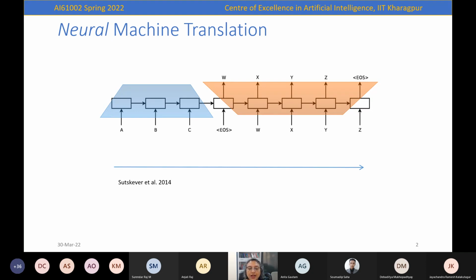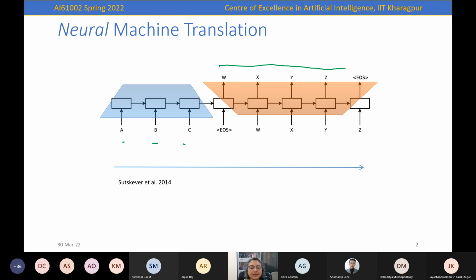As an example, let us consider the task of machine translation, where you are given a sentence in one language. Let us say you are given a sentence in English containing these three words, and you want to translate it to Hindi. So the input is a sentence, which is a sequence. The output is another sequence.